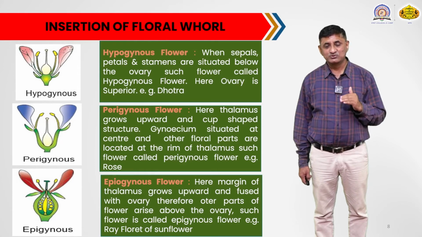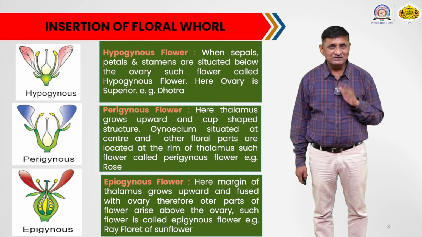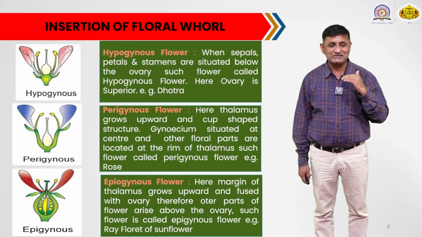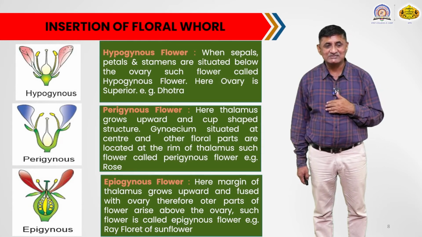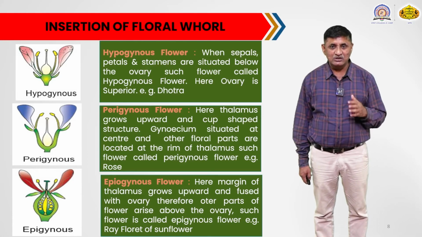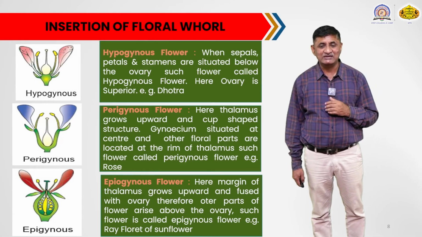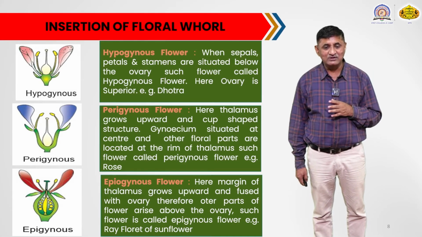So, here the position of the ovary is clearly epigynous, that is, inferior in position, and among all the other floral parts you can see the sepals are at the upper side, petals are at the upper side, and stamens are also at the upper side. Such a flower, on the basis of insertion of floral parts or floral whorls, is identified as an epigynous flower.